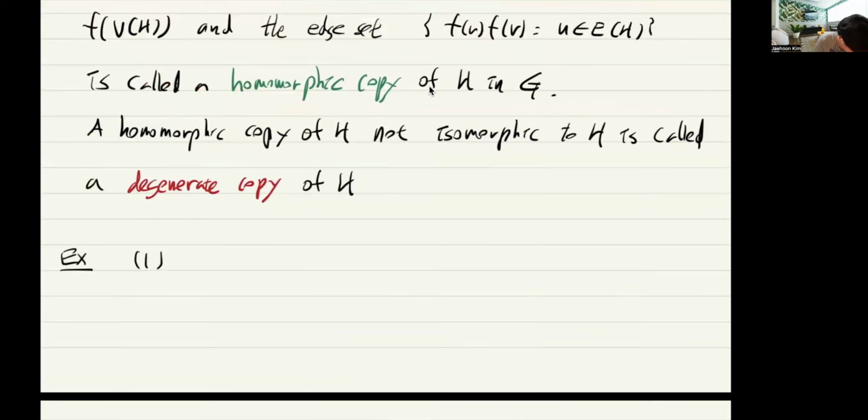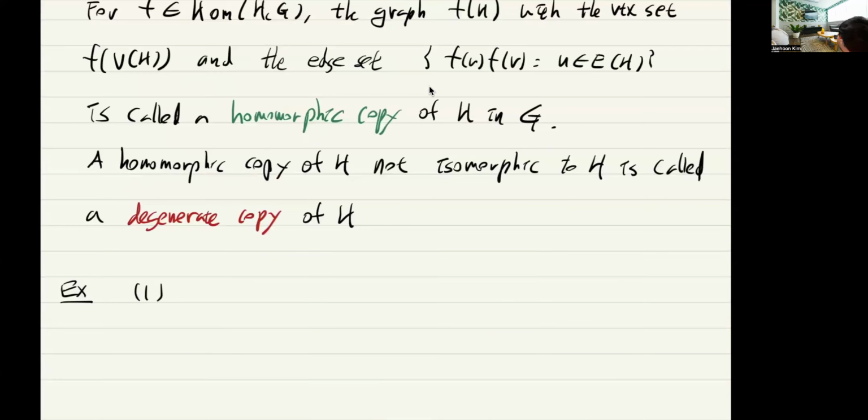For example, what does it mean? So if we have a graph, say, H, and let's say you consider the set of all homomorphisms from H to K_k, the complete graph on k vertices.